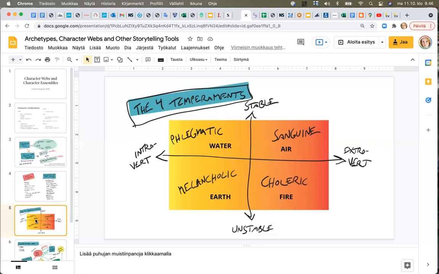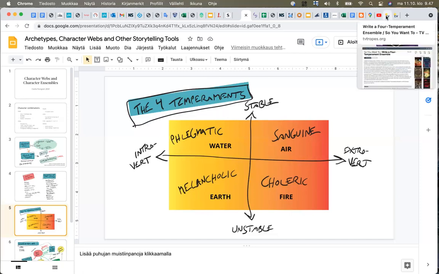So you have probably seen this introvert, extrovert, stable, unstable diagram elsewhere. So it is used, but you don't see these phlegmatic, melancholic, choleric, and sanguine words anymore. But these can be used as character combinations.